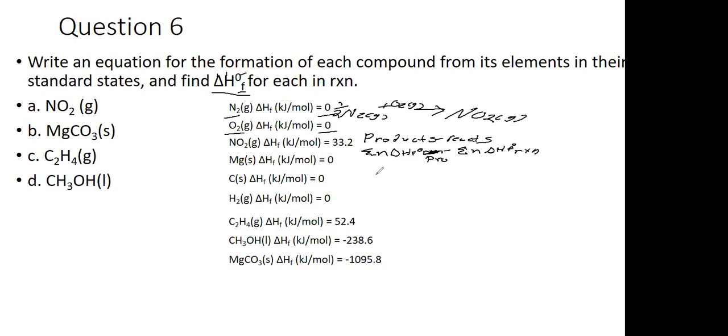So let's do the products first. We only have one product, NO2, so I don't really have to do a sum. First, n is the number of moles of NO2. Here it's 1 because there's nothing written in front of NO2. So this is going to be 1 multiplied by the delta H of formation of NO2. We look at our table, that's 33.2.